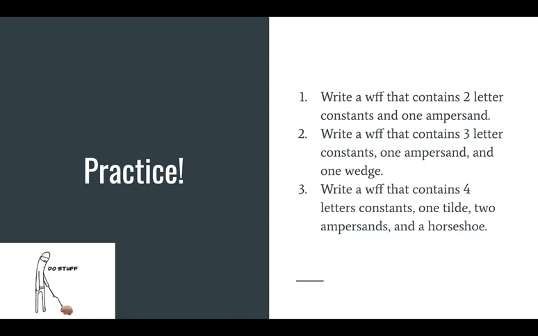Okay, let's do some practice problems. We're going to be very playful here. There is no meaning to the sentence constants that we're using. So let's just use A, B, C, D, okay? Write a well-formed formula that contains two letter constants and one ampersand. Okay, so how about this?